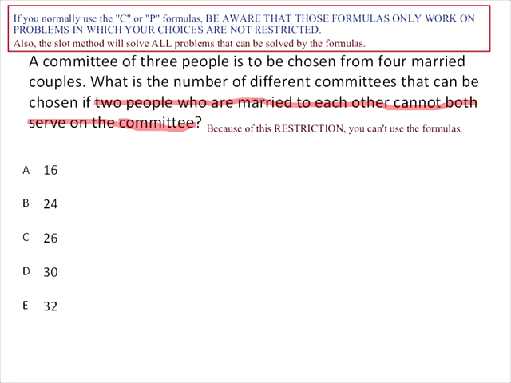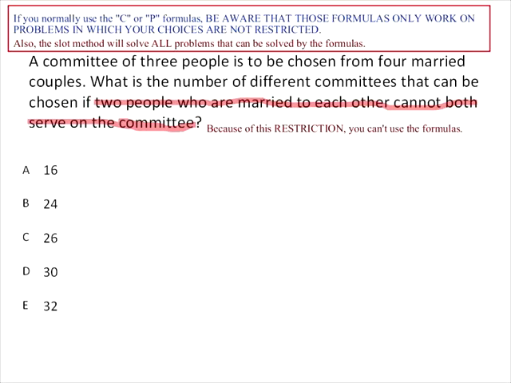The only cases in which the formulas are really necessary are cases where the answers are so big and the numbers of options are so huge that you have to type the formulas into a calculator and get an answer out. But the slot method will always give you the same answers as the formulas will give you, and it'll give you those answers in a much less obnoxious form.